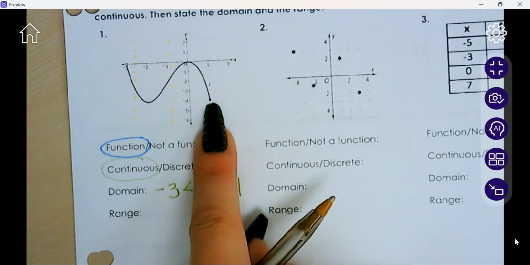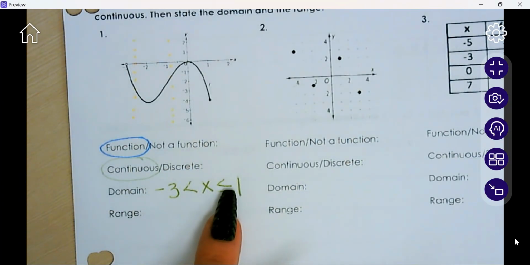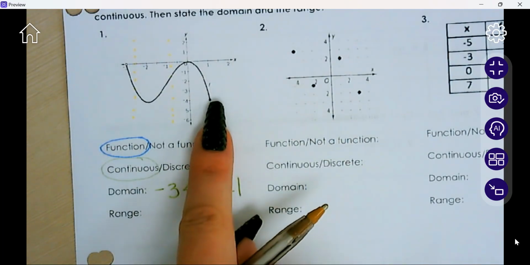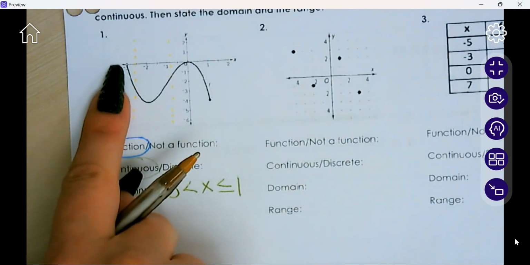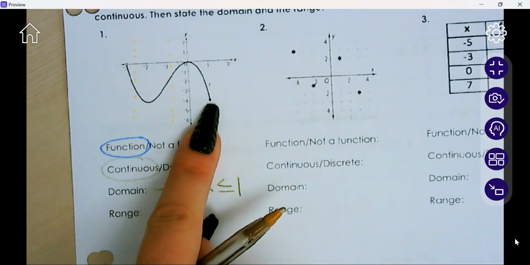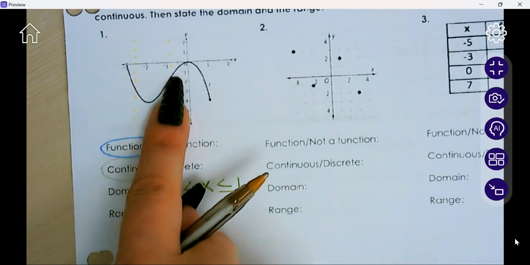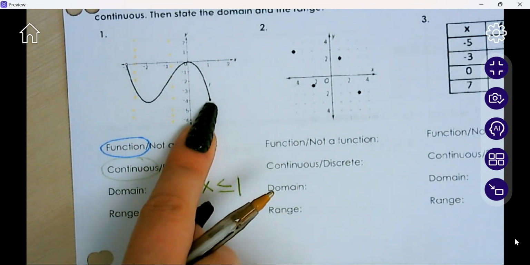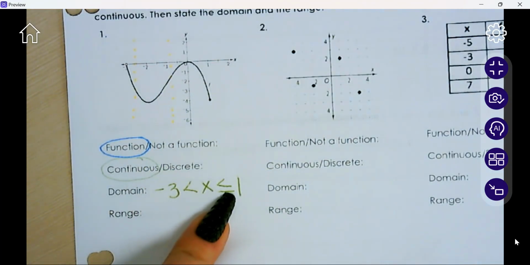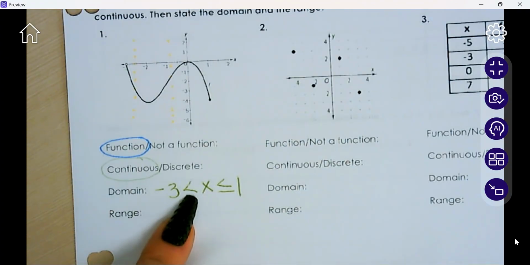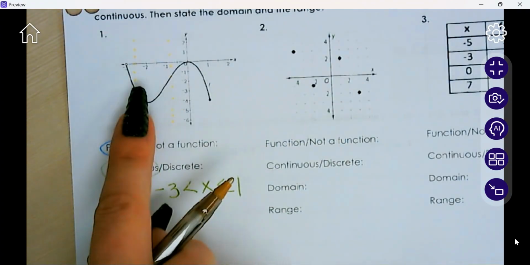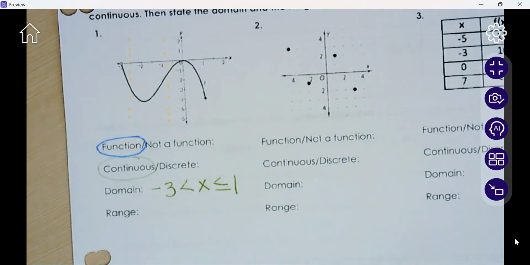Because it is a closed circle, we could have a less than or equal to because I have a value here. You cannot have a value here, but you can have a value here. Anytime it's along a line or a closed dot, you can have a less than or equal to. The only exception is infinity, or if you have an open circle.